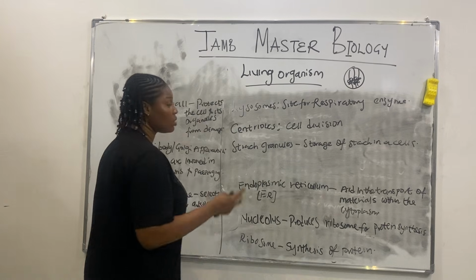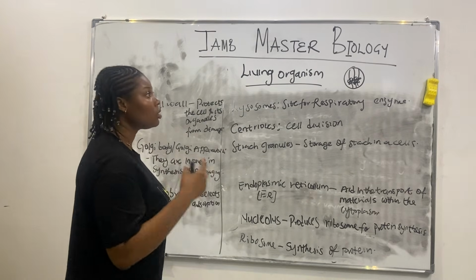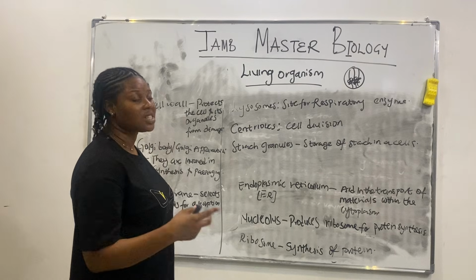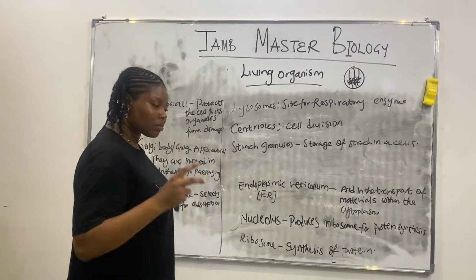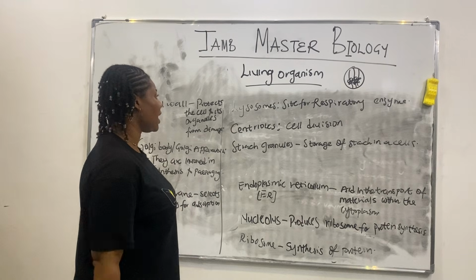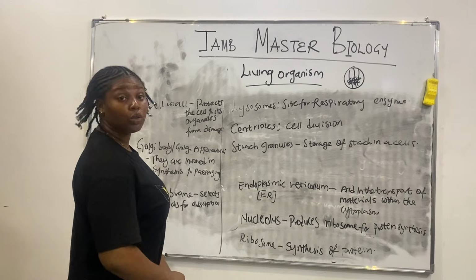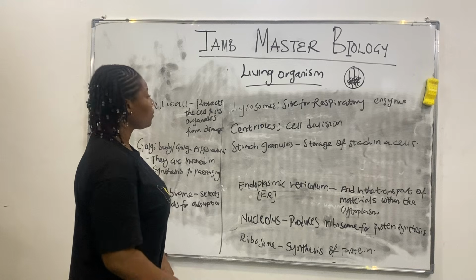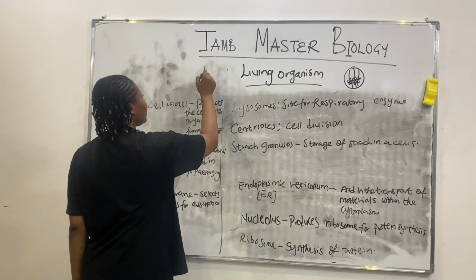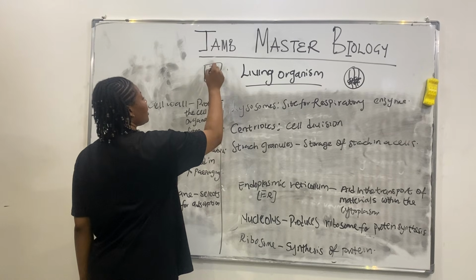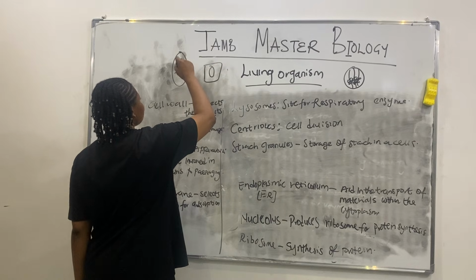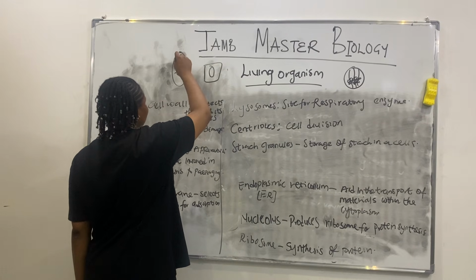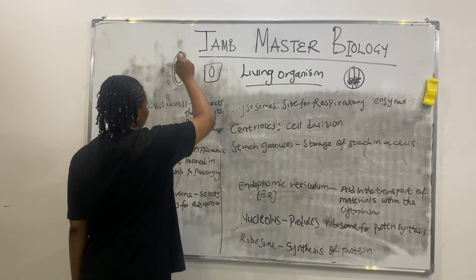We talked about the nucleus, and I said that the nucleus is responsible for life activities, and it houses the hereditary material, which is DNA. If the nucleus houses DNA, let's say this is the nucleus and the DNA is inside, it means that inside this nucleus now is the what again?